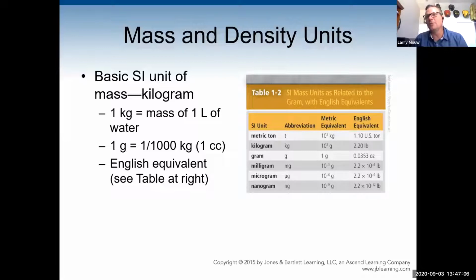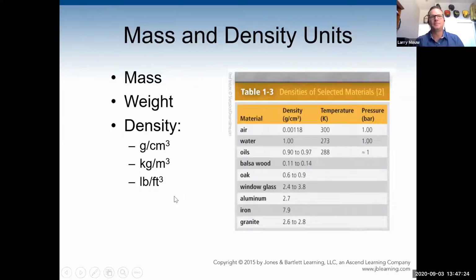So we will see some differences in weight depending on your elevation, because it's the amount of gravity attraction on the mass of that object, whereas mass is the total substance that makes up that whole item. When determining density, we may use units such as grams per centimeter cubed, kilograms per meter squared, or pounds per foot cubed.